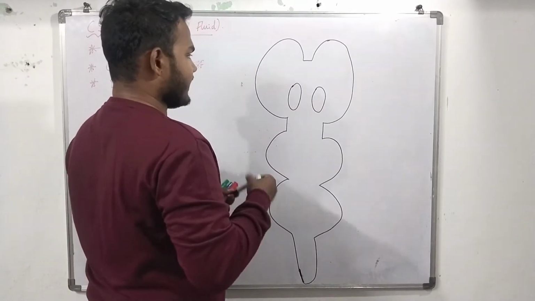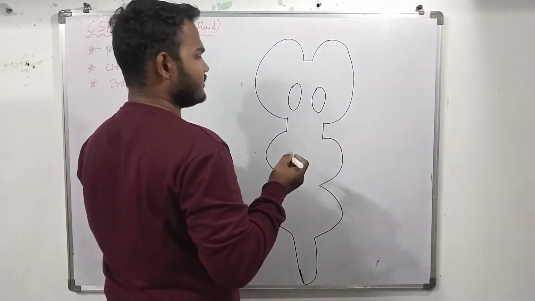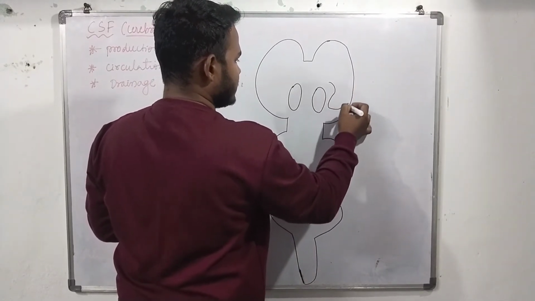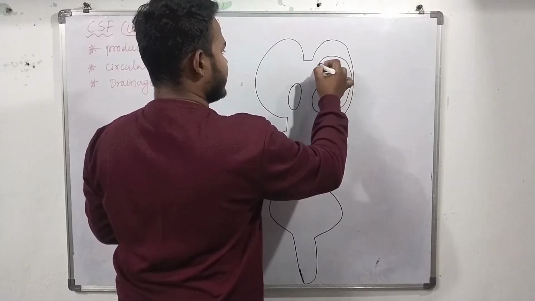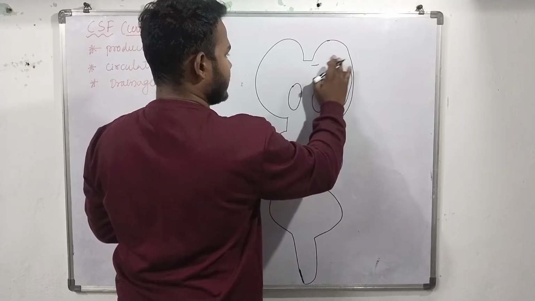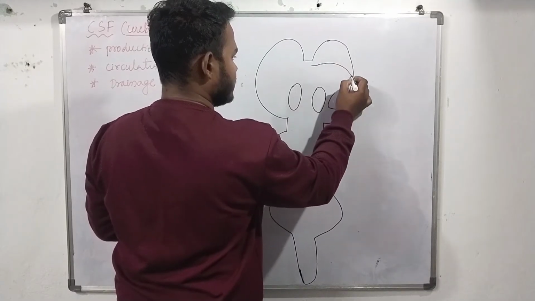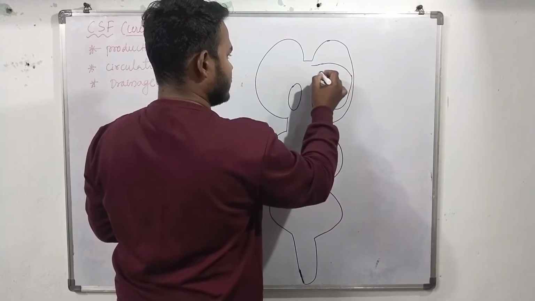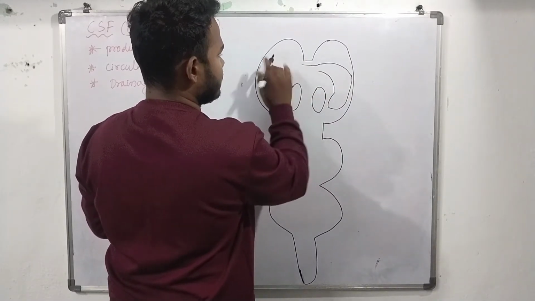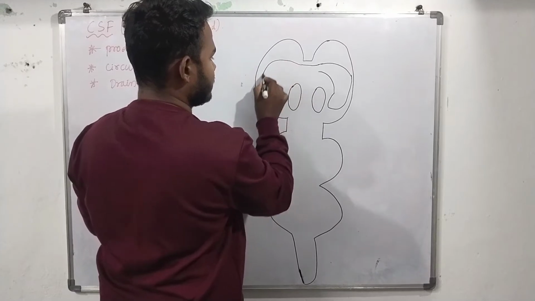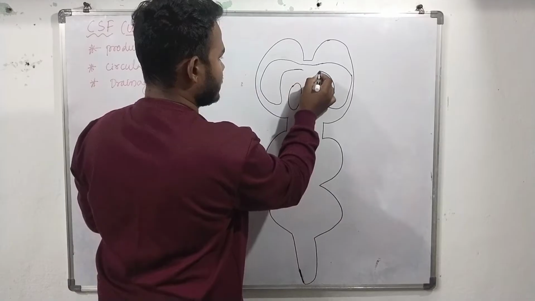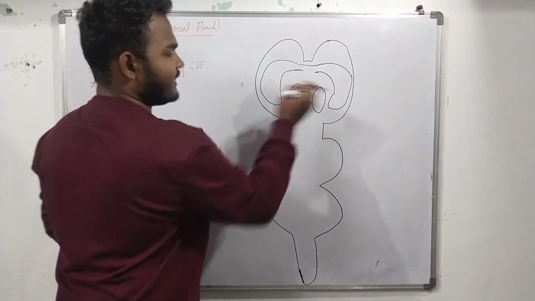Now these lateral ventricles of this brain are here. Let me draw like this, more clear. This is a lateral ventricle. Okay, this is our two lateral ventricles.